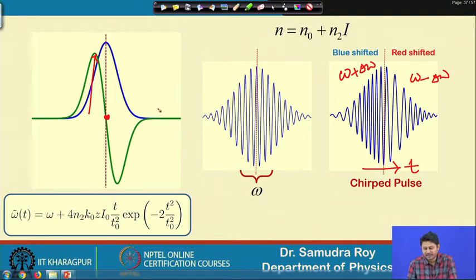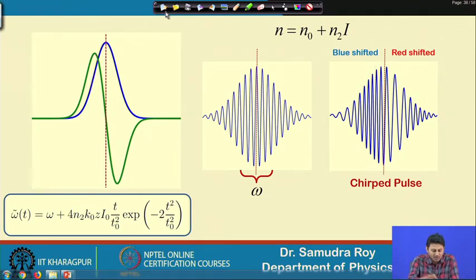This kind of pulse is called a chirped pulse. One very important consequence is that when light is propagating through a medium, and if the medium is nonlinear in nature and the Kerr effect is there, the phase is going to be modulated. Not only that, the frequency component is also going to change. Some different frequency components will appear because of this distribution of intensity or the derivative of this intensity.